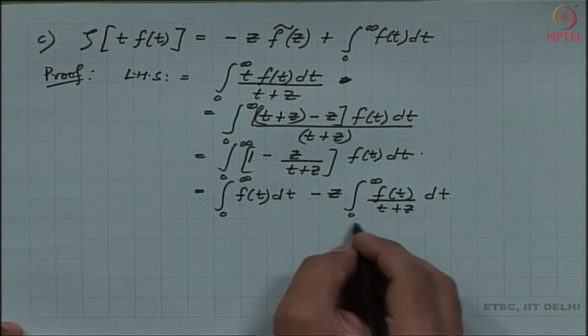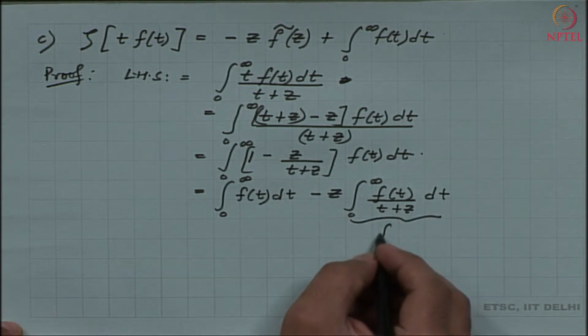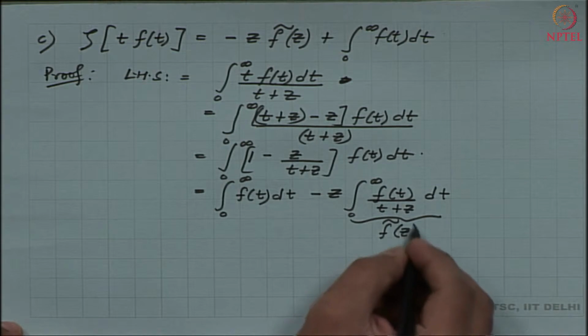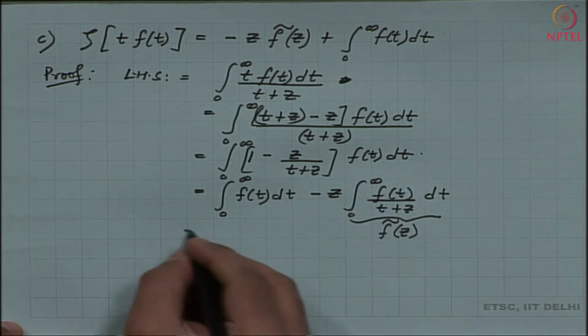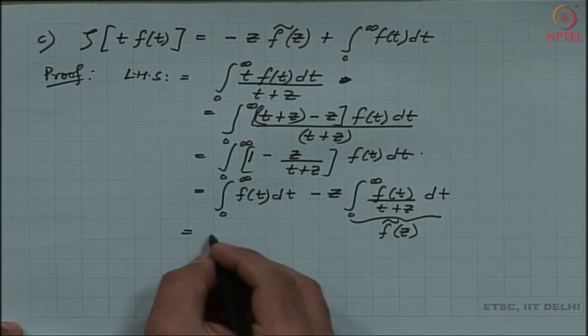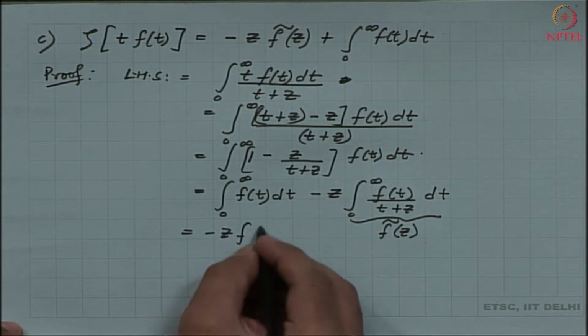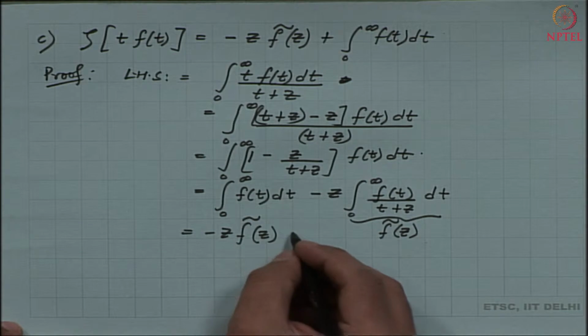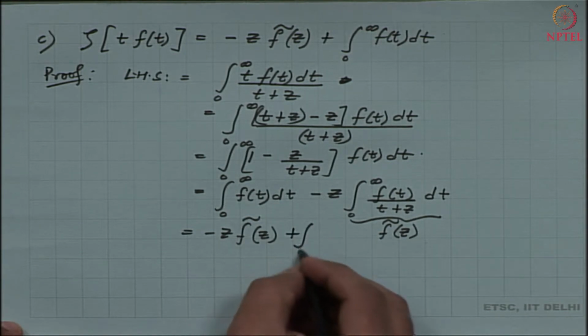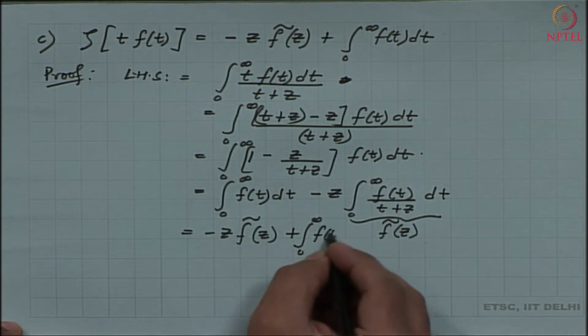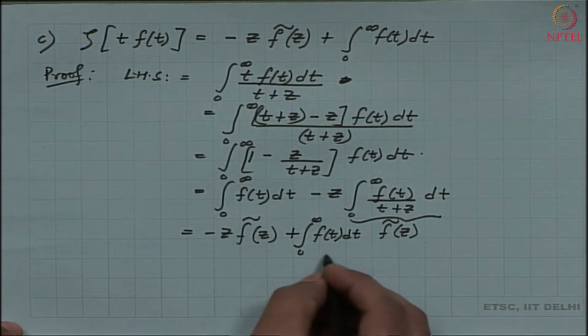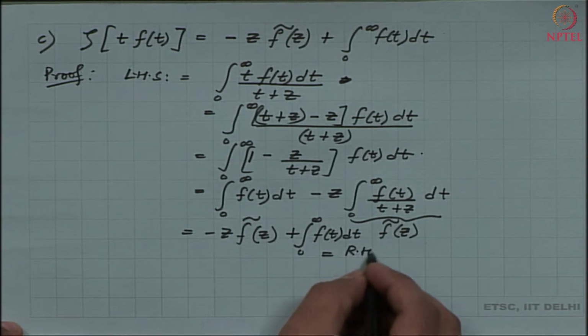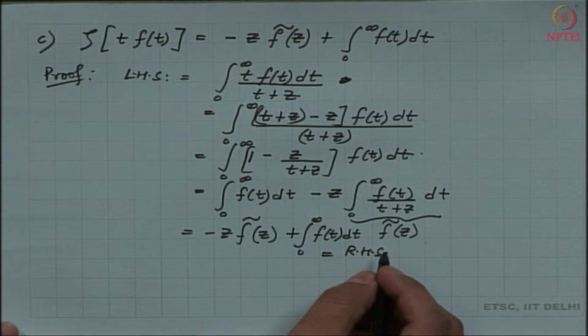Note that the second integral is the Stieltjes transform at the argument variable z, which gives our answer: f tilde of z times negative z plus the integral from 0 to infinity of f(t) dt, and this is what our right hand side of the expression is.